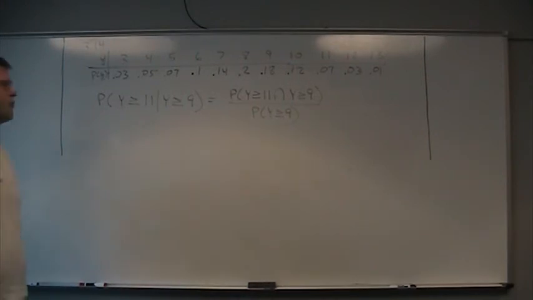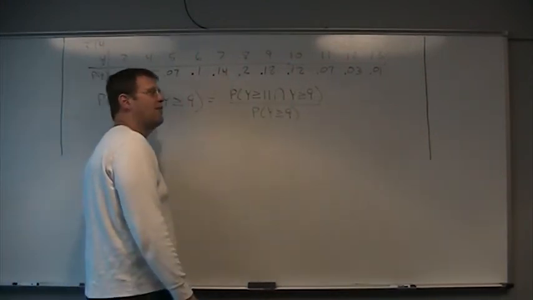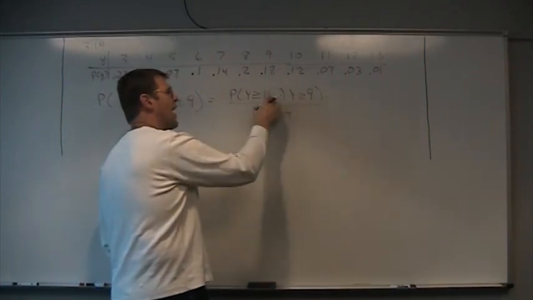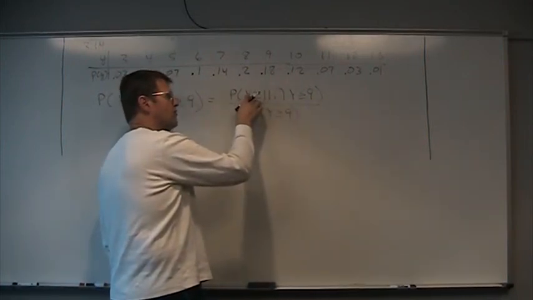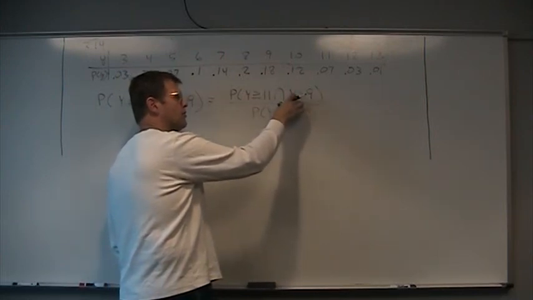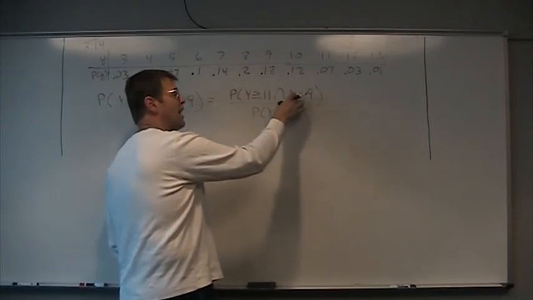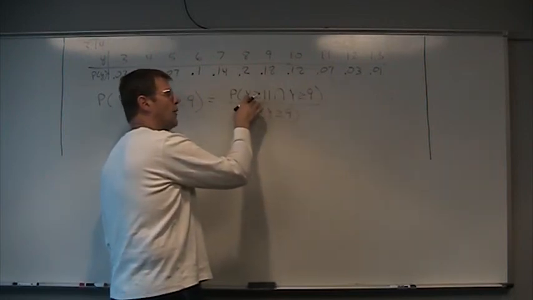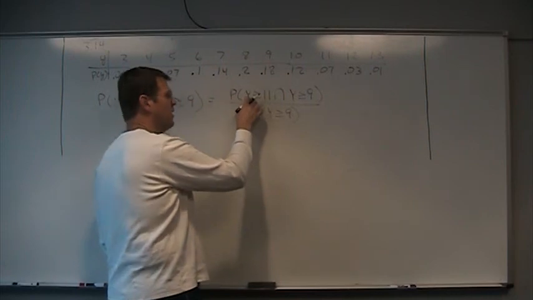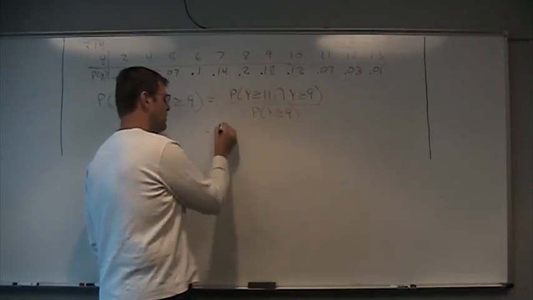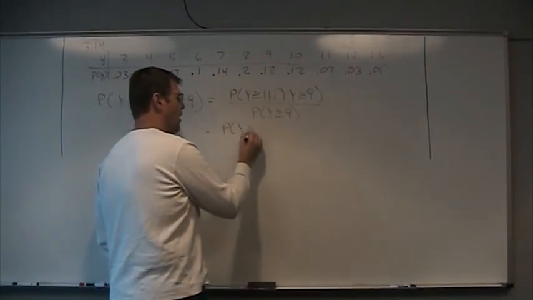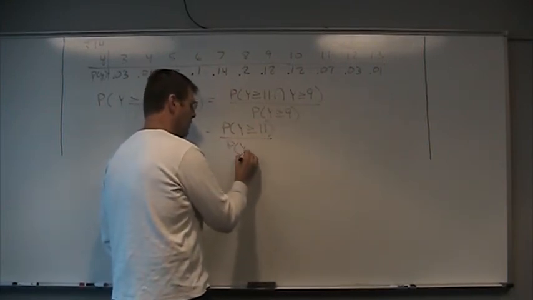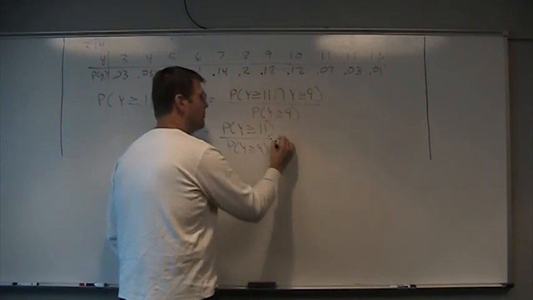As far as our intersection is concerned, we have to have values of y that satisfy both of these. So any value of y has to be 11 or larger, and it also has to be 9 or larger. Well, a value such as 10 will satisfy y greater than or equal to 9, but it won't satisfy y greater than or equal to 11. So the intersection here is the event y is greater than or equal to 11. And here we have the probability that y is greater than or equal to 9.